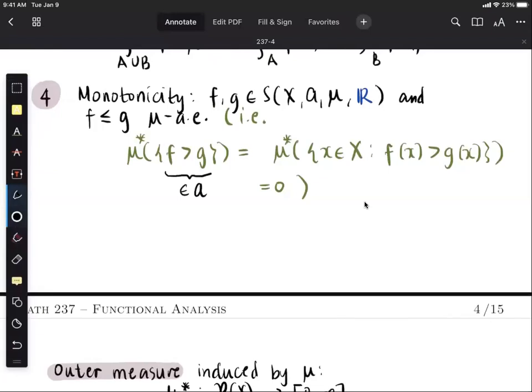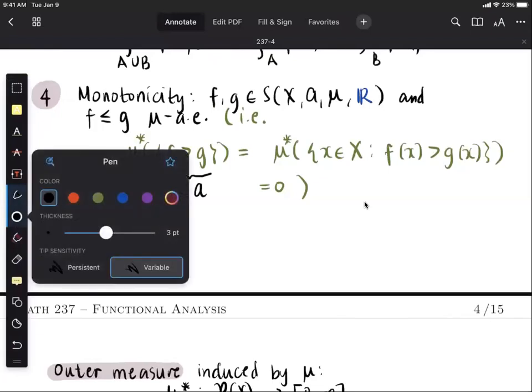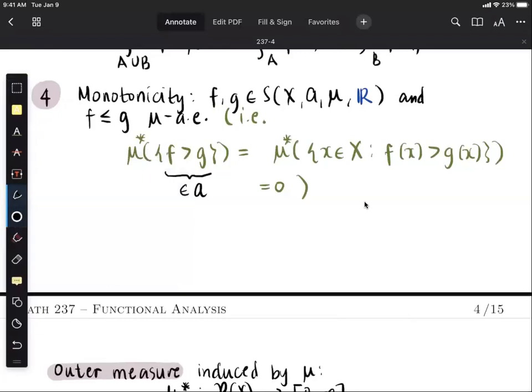If this is valid, then the integral of the smaller function is less than or equal to the integral of the larger function, g.